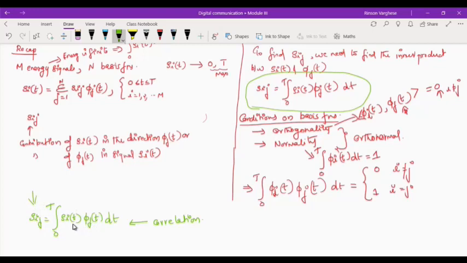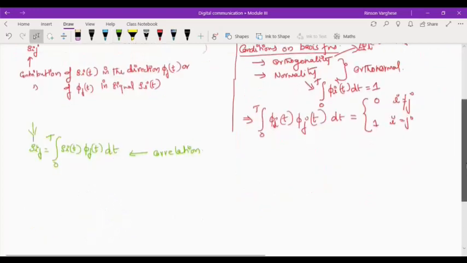If Si does not have any contribution in phi j, or vice versa, this value will be 0. If there is a contribution, it will be non-zero, and that value represents how much they are related to each other. So this is in a sense correlation.